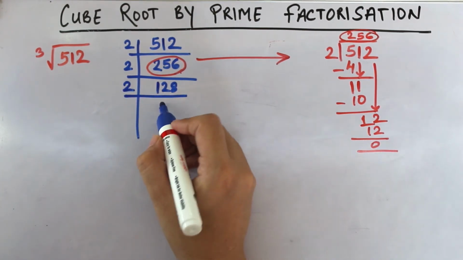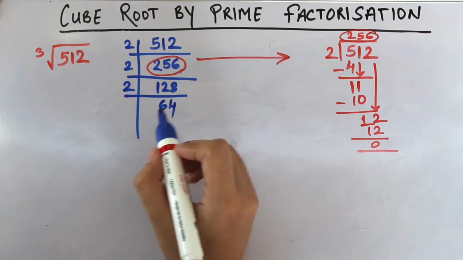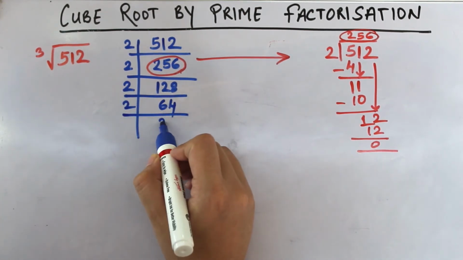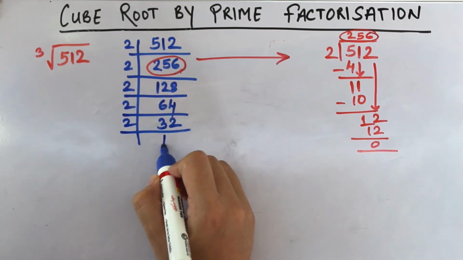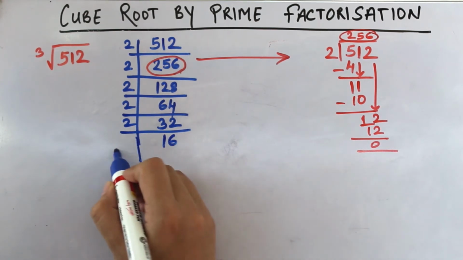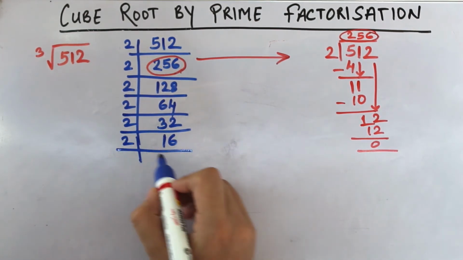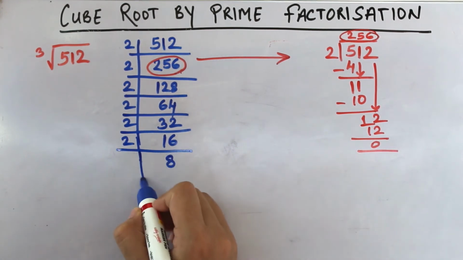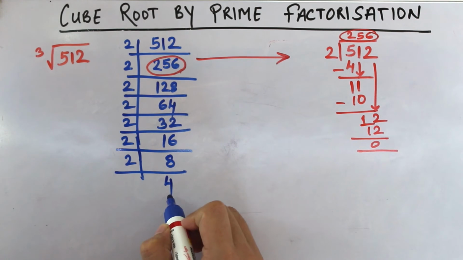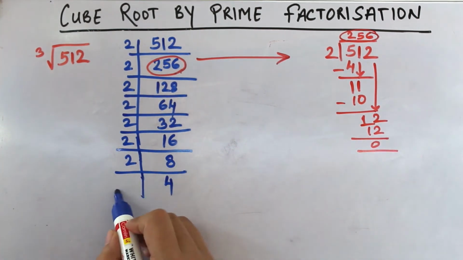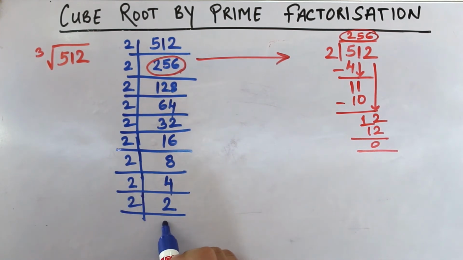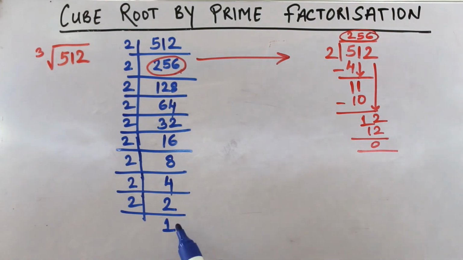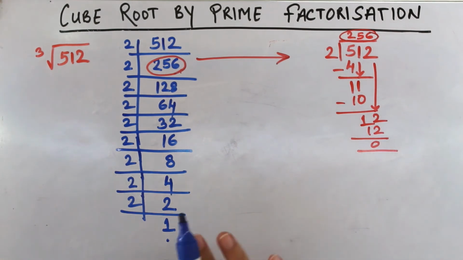Again, I'll divide it by 2. 2 into 64 gives me 128. 2 into 32 gives me 64. 2 multiplied by 16 gives me 32. 2 multiplied by 8 gives me 16. 2 multiplied by 4 gives me 8. 2 multiplied by 2 gives me 4. And 2 multiplied by 1 gives me 2. So I have obtained 1 as the last number, so we will stop here.